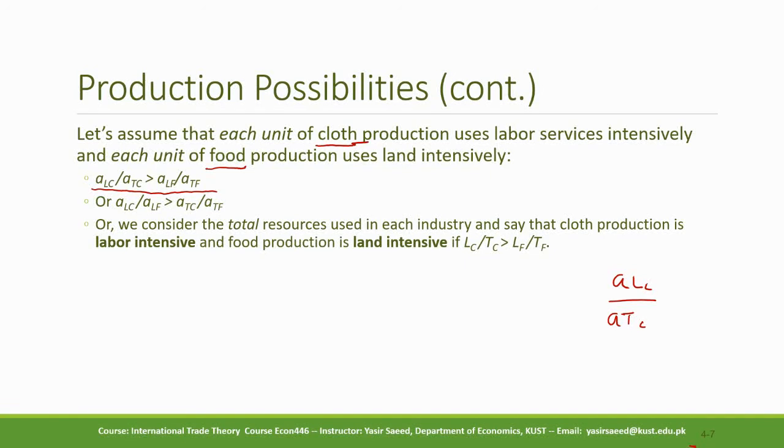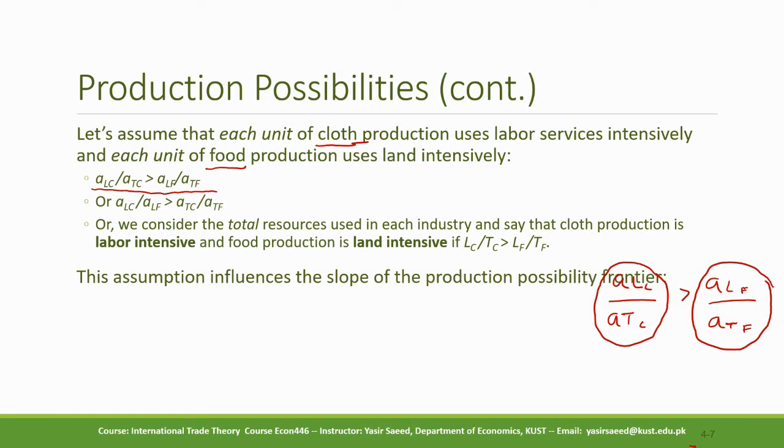So this amount overall is greater than the amount of labor required for the production of food as compared to the amount of land required for the production of food. The equation simply means that labor requirement for cloth is more as compared to labor requirement for food.